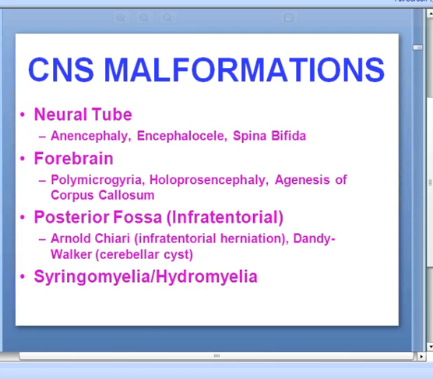So when you remember the various types of thickenings and foldings and secondary foldings that happen, and you think of any possible thing that could go wrong in that little scenario of the tube becoming round and then closing off and then becoming thick at the front portion, that's basically the classification for CNS malformations.